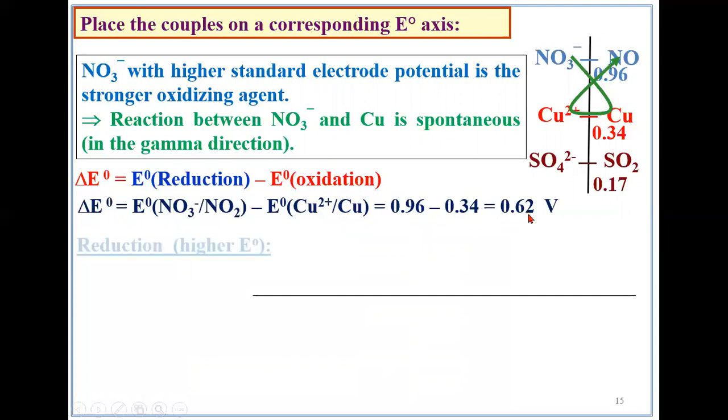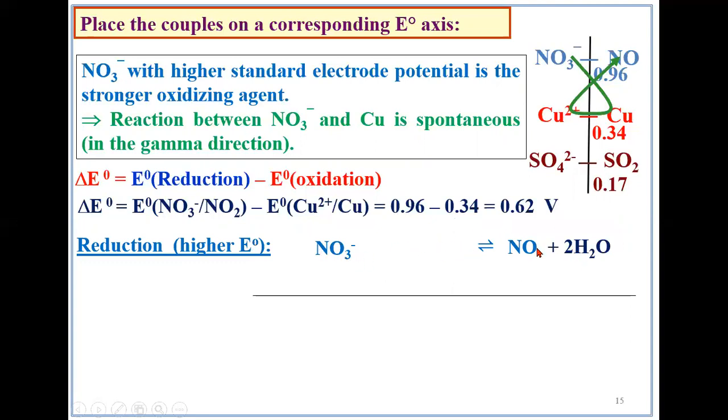Now, if I want the reaction, I take the higher E naught couple and it will undergo a reduction. Keep them as is, the NO3 minus. I have to balance this equation because I need fully balanced half reactions. Add water to the side that's missing oxygen.